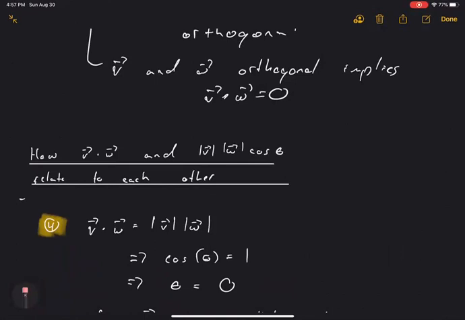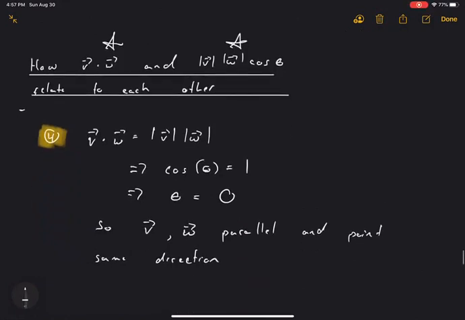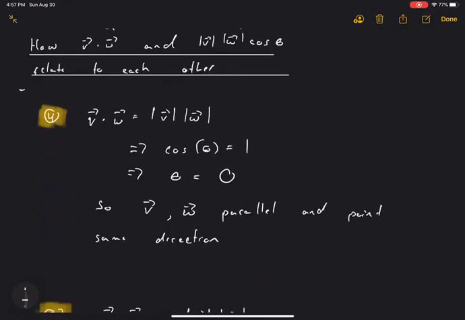So we can combine these two sentences into one using the terminology "if and only if." So we've seen a way to nicely interpret v dot w, but we could also think more closely about how these two quantities, v dot w and the magnitude of v, magnitude of w, cosine theta, are related to each other. What if the number I get when I take v dot w is exactly equal to the magnitude of v times the magnitude of w?